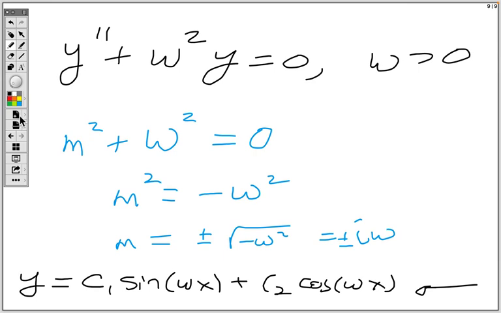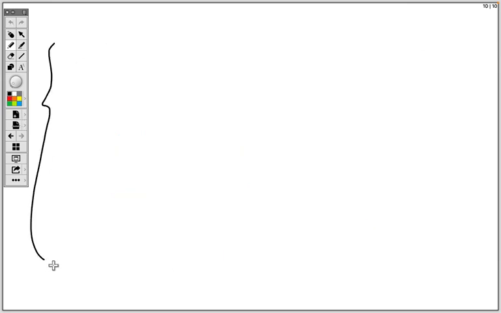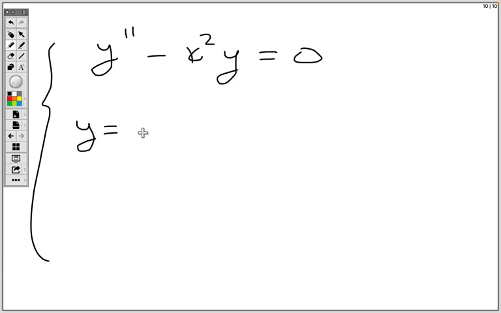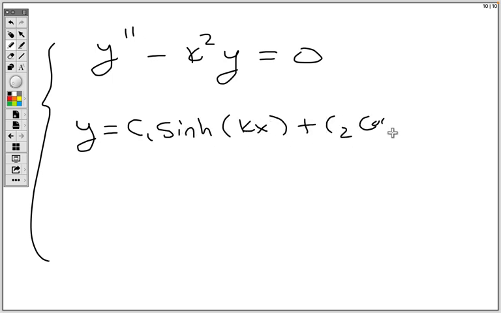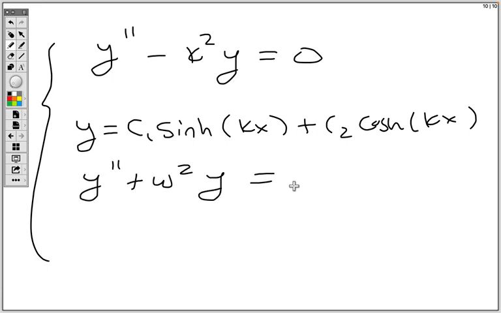So just to couple it with what we did yesterday, y double prime minus k squared y equals 0 gives us sinh and cosh. Y double prime plus omega squared y is 0 gives us sine and cosine.